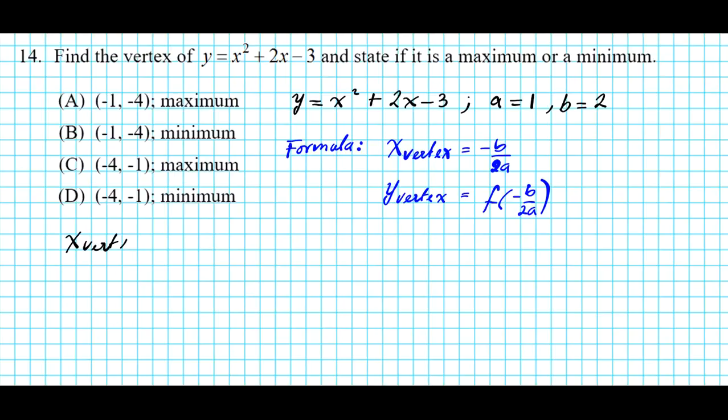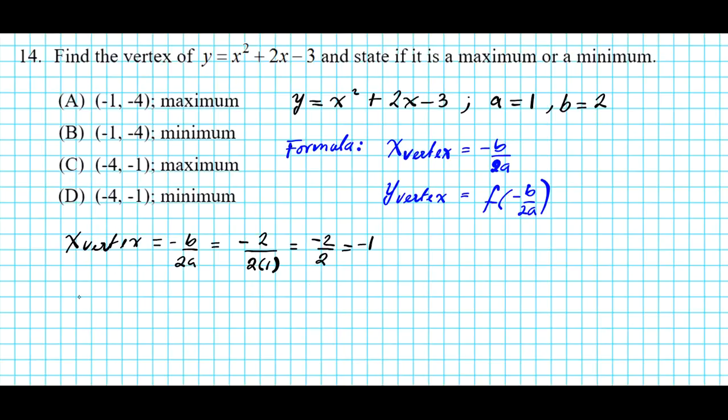So x vertex is equal to negative b over 2a, which is negative 2 divided by 2a. That gives us negative 2 over 2. If you divide this out, you end up with negative 1.